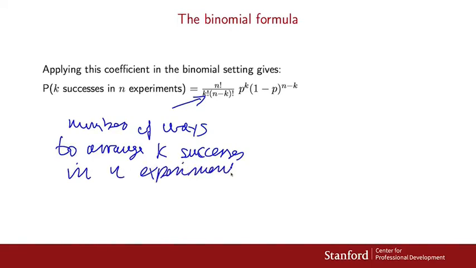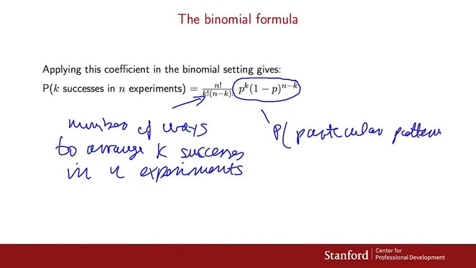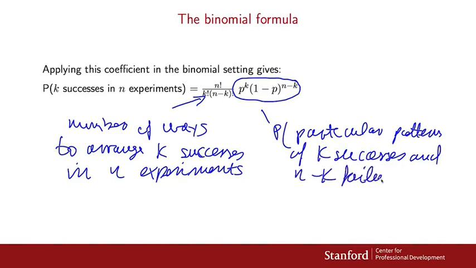And then what we have is this term p to the power k times 1 minus p to the power n minus k, and that is simply the probability of having a particular pattern of k successes and n minus k failures. That is because if you want to have k successes, it's p to the power k because they're independent, and each failure has probability 1 minus p, and since we have n minus k of them, we raise it to the power n minus k. This formula is called the binomial probability.